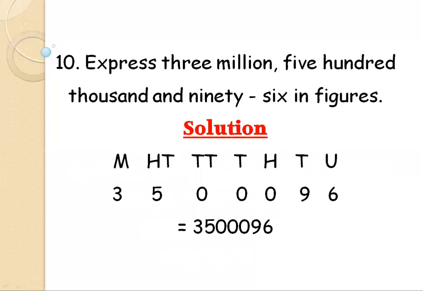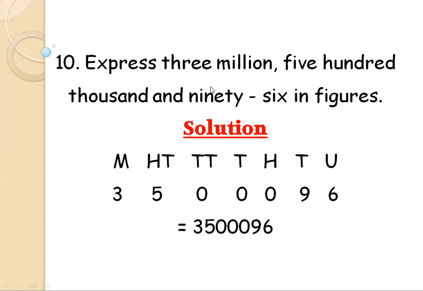Okay, this question says, express 3,500,096 in figures. To make it easy, you can write out your place value. You know how to write your place value? Units, tens, hundreds, thousands, 10,000, 100,000, million. And then I start fixing this up under each of the place values.